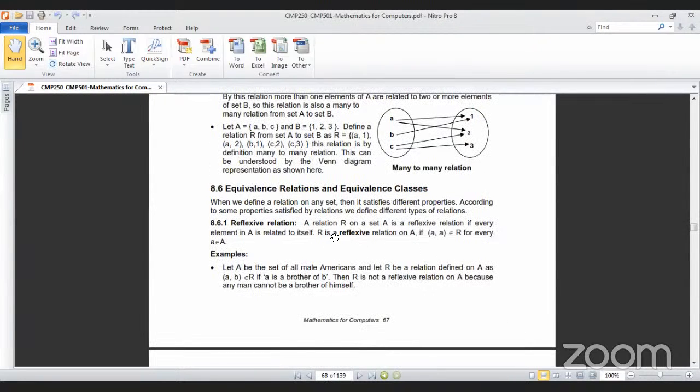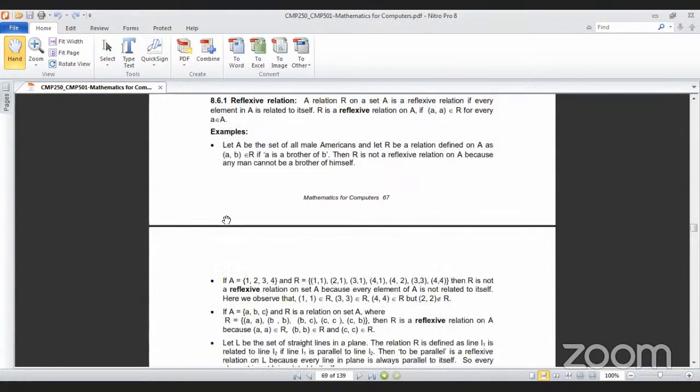If (A, A) belongs to R for every A belonging to R. So (A, A) should be there. For example, let's take this one. A value is there. Your relations are (1, 1), (2, 1), (3, 1), and so on. Then R is not a reflexive relation. Why is it not a reflexive relation? Can you say?